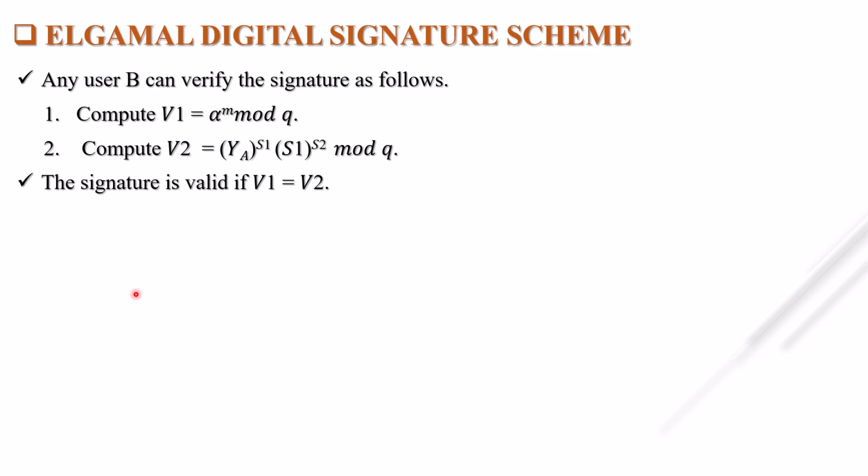For V1, alpha raised to m mod q is computed, and for V2, YA, that is the public key of Alice, the sender, raised to S1, times S1 raised to S2, mod q. The signature is valid if the values of V1 and V2 are the same. Let's see this whole process with the help of an example.